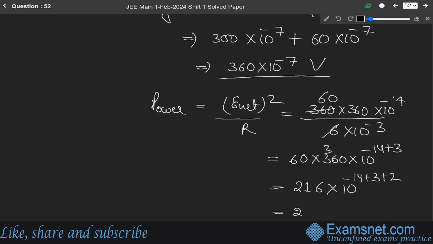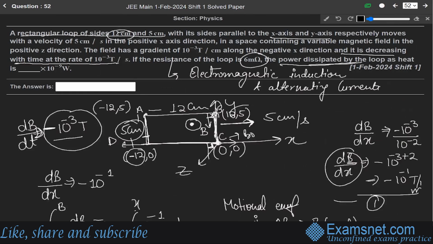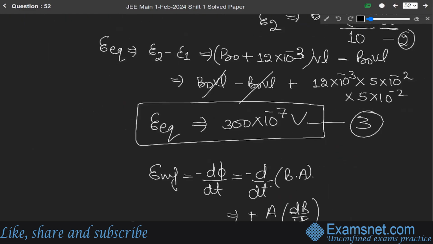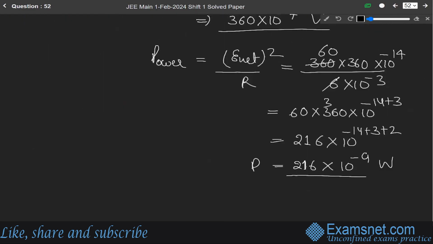So it will be equals to 216 into 10 to the power minus 9. We have to find the answer in terms of minus 9. So the power is 216 into 10 to the power minus 9 watt.